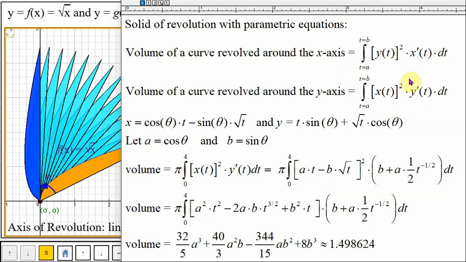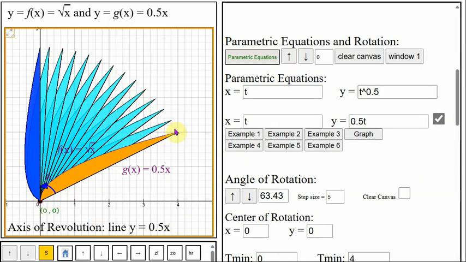For the volume of a curve revolved about the y-axis, which is what we have here, it's the integral from a to b, in this case from 0 to 4, since t is from 0 to 4, of x of t squared times y prime of t. Recall that at this point t is 0, and at this point t is 4.